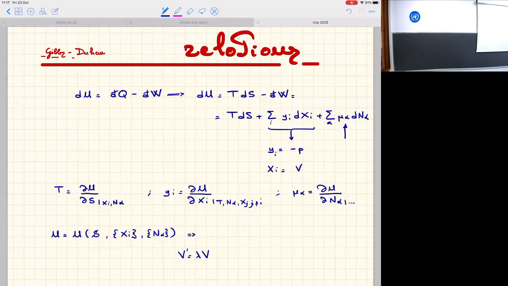I will get that U, the internal energy, is extensive, so it's going to rescale by the same factor. Now this is equal to U at lambda S, lambda x_i, and lambda n_alpha, right? It's a linear function.